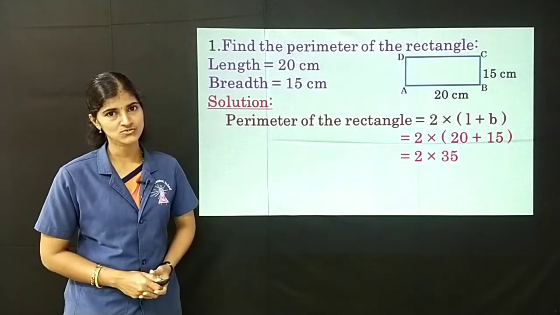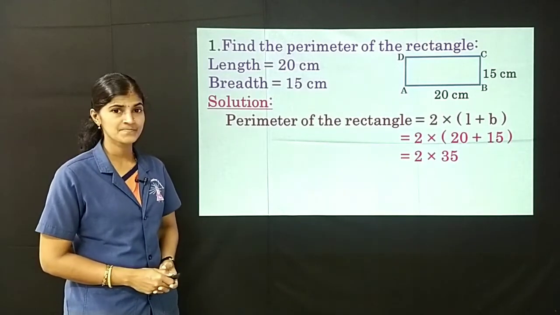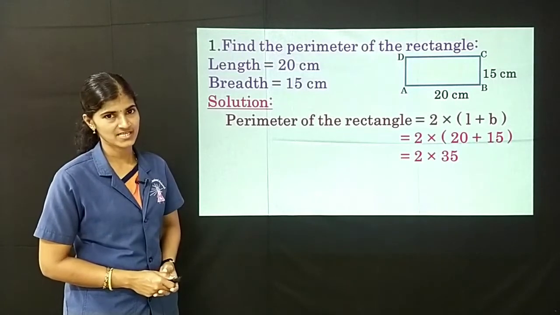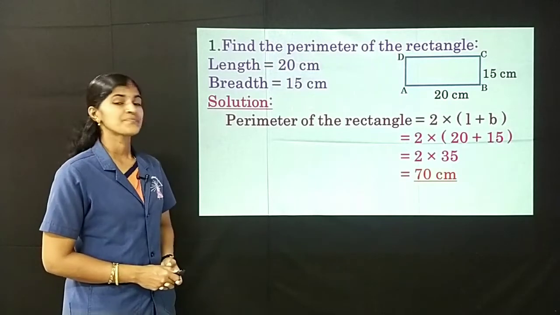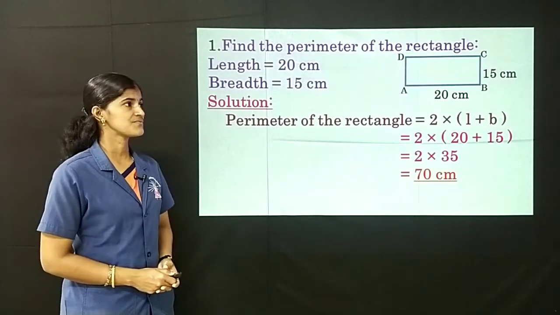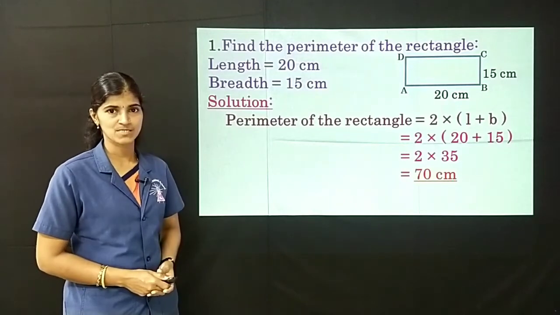Bracket has to be solved first. 20 plus 15 will be 35, then 2 into 35. So the answer is 70 centimeter. The perimeter of the given rectangle ABCD is 70 centimeter.